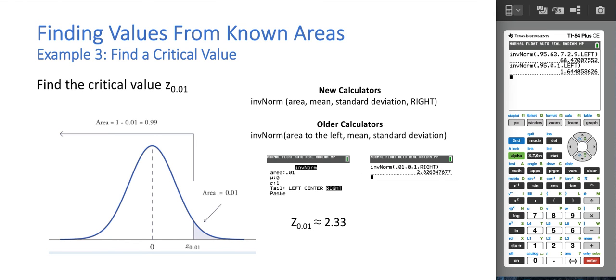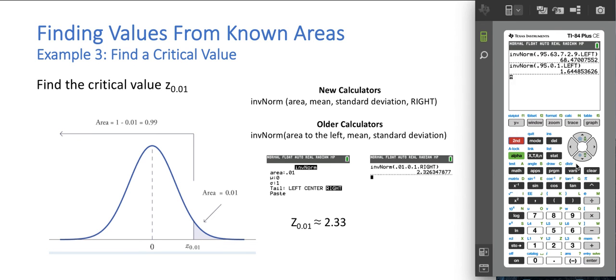All right, so let's look at how we do this on our calculators. So, second distribution, inverse norm. The area that we're going to put in my calculator is 0.01. That's the subscript. The mean in this case is 0.